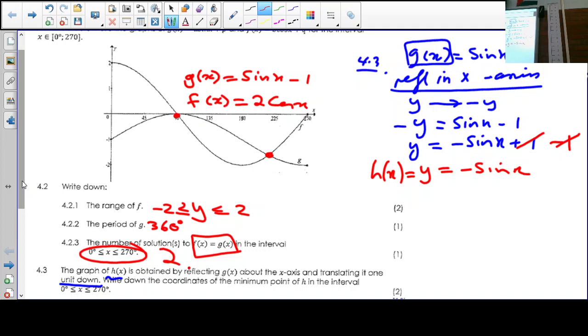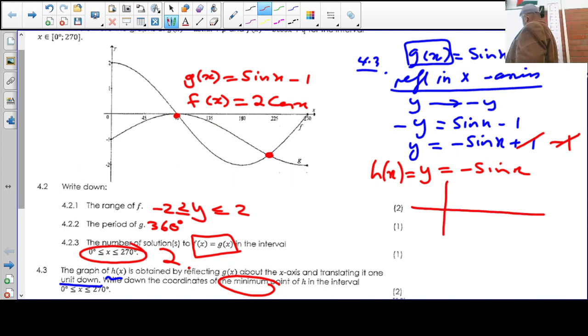The coordinates of the minimum point. So you're looking at the minimum point on h in the interval from 0 to 270. So what I do is, if I must draw this graph, the negative sine graph will go from 1 to minus 1. And what's the question again?